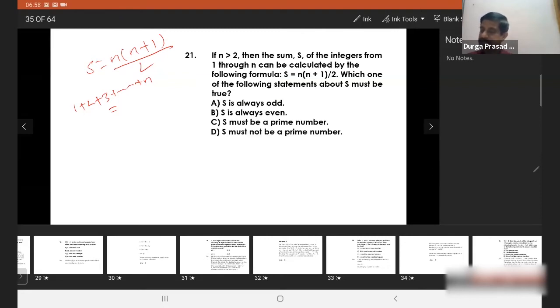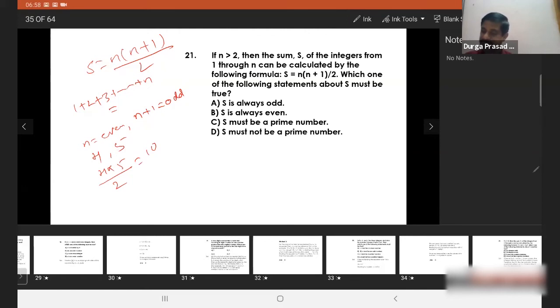S is always odd. So look at this. If n is even, n plus 1 is odd. For example, let us take n is 4 and n plus 1 is 5. So 4 into 5 by 2 is 10.